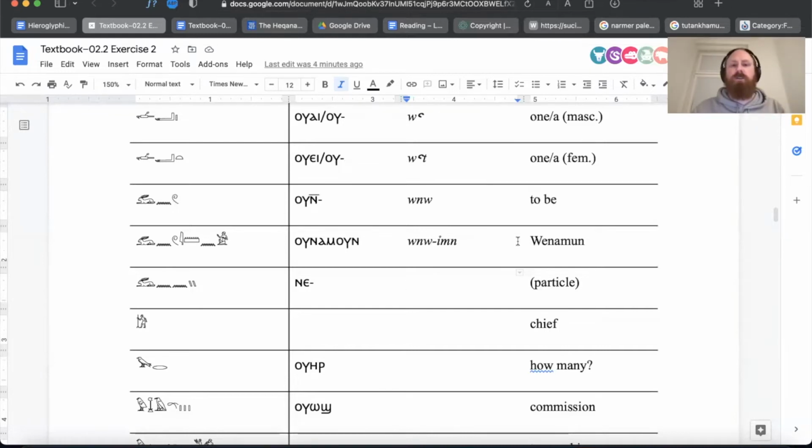There are several good sources out there. There's a book, I forget the exact title, but it's by someone called Ranke, and it's referred to in Egyptology as just Ranke. It's a bunch of hieroglyphic Egyptian names.